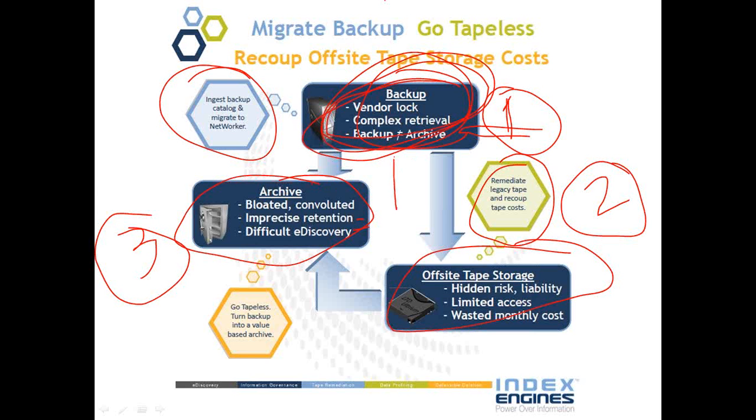So being able to have the Index Engines Catalyst product look at all the backups that occur every night, and as the backups occur onto something like Data Domain, for example, onto disk, you can see the new backups, apply the policy saying these user mailboxes, this specific content, these keywords are important and should be archived, and it can be extracted out of backup into the archive.